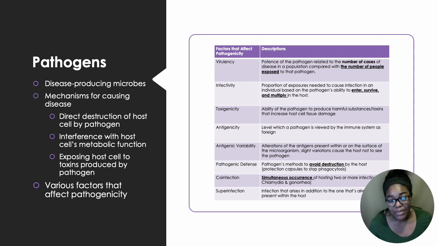We have antigenic variability, and this is the alterations of the antigen that shows variation. So these variations would basically show that the body can't recognize this antigen. So it changes over and over again, causing a delay in your immune response.